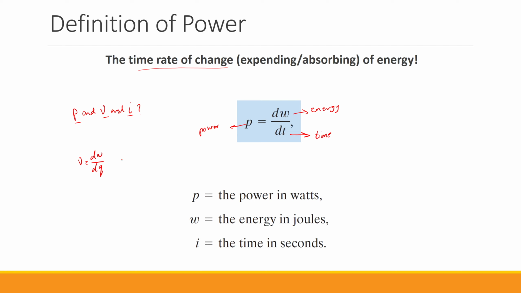Also, we define the current to be the derivative of the electric charge with respect to time. So now, based on these two equations, do you think we can come up with an equation that shows the relationship between power, voltage, and current?